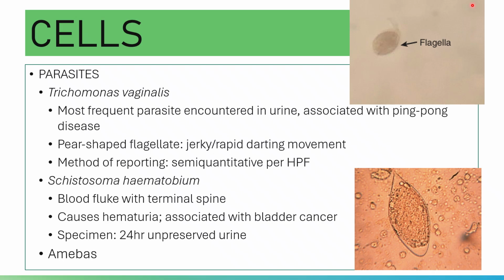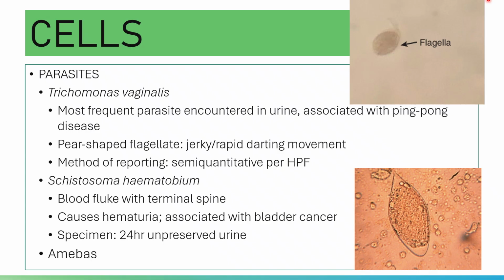Please note that the rapid jerky darting movement of Trichomonas vaginalis is helpful in making an appropriate identification, because when not moving, it is more difficult to identify and it may resemble a WBC or a transitional epithelial cell or a renal tubular epithelial cell.